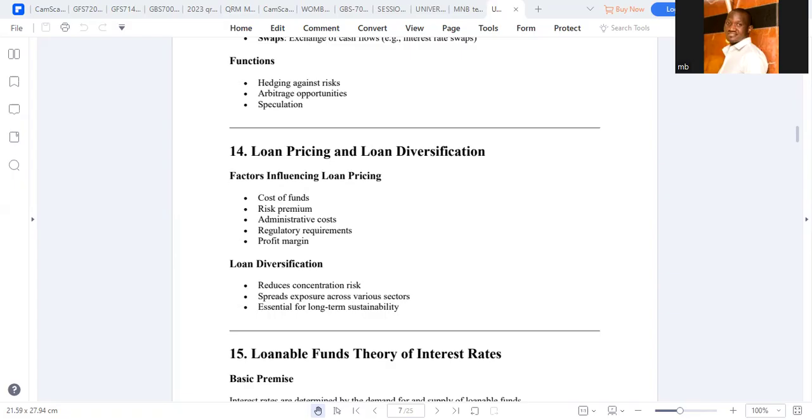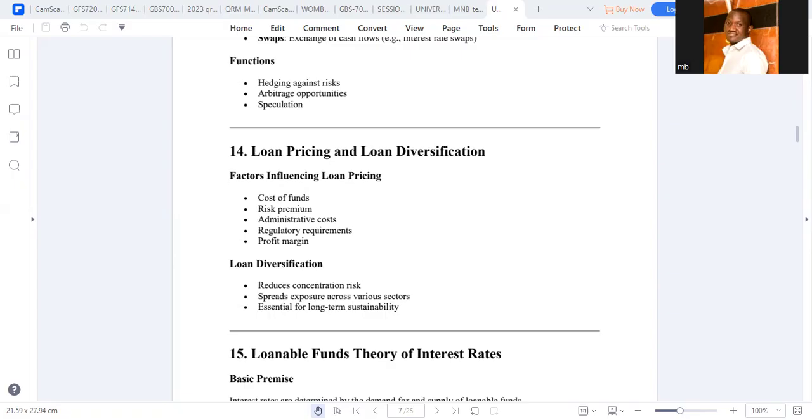Here the cost of funds refers to the interest rates that the financial institution pays to acquire the money it lends out. These costs will include the interest rates on the deposits and the borrowings from other institutions in other forms, because for them to give you that money, they could have borrowed from banks, they could have borrowed also from the central bank.